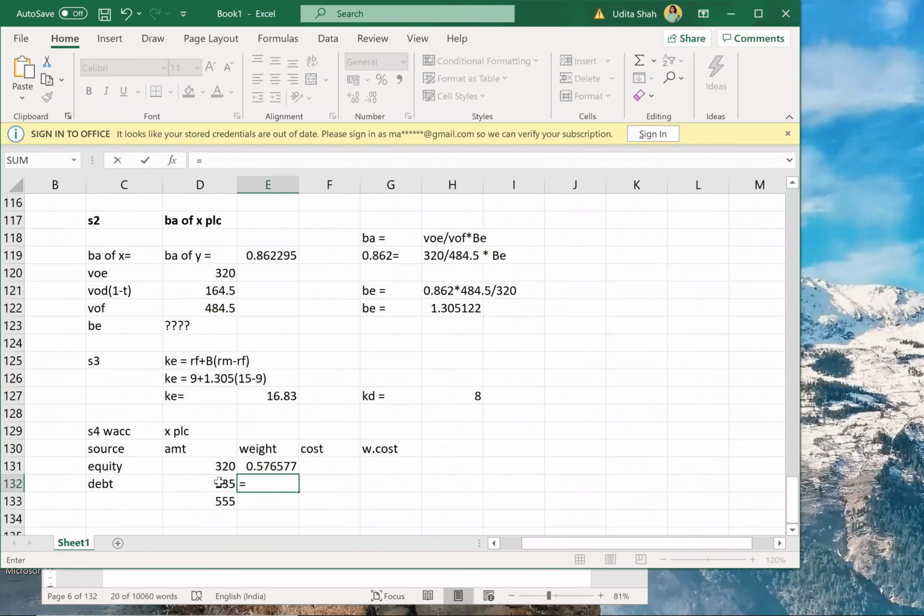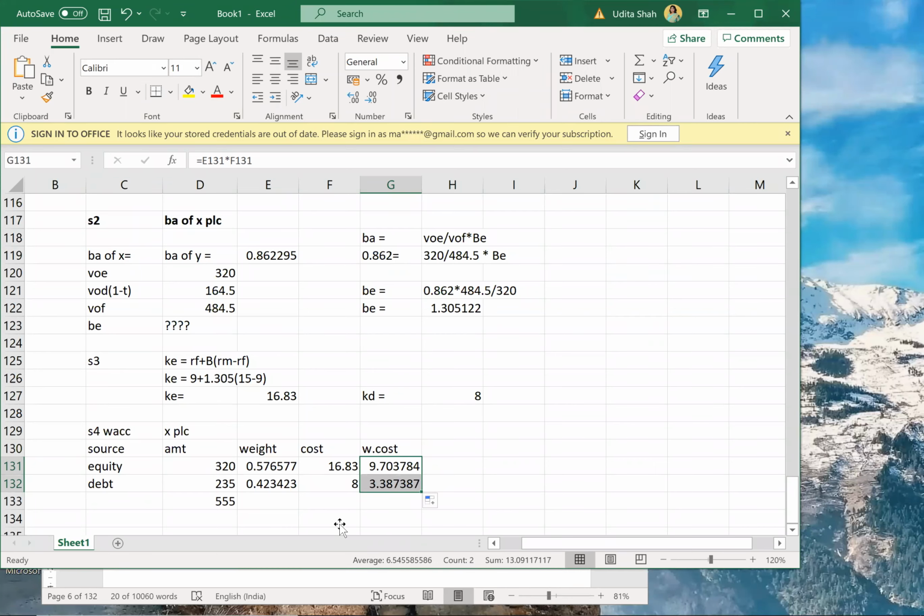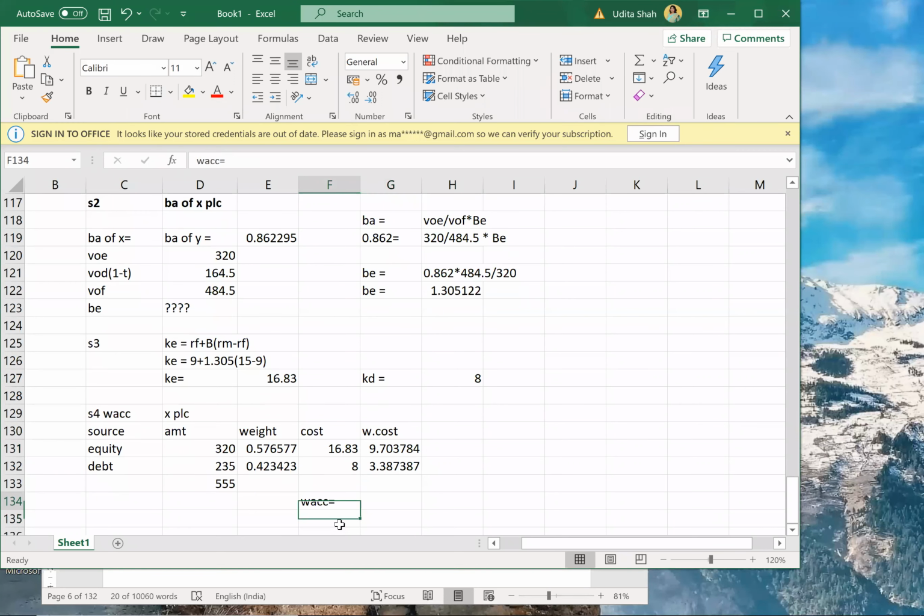Weight will be 235 by 555. Cost we have calculated now, 16.83 and 8. So weighted cost will be what? This amount into this amount. Okay. So my total WACC will be the sum of these two. 13.09% is my WACC.